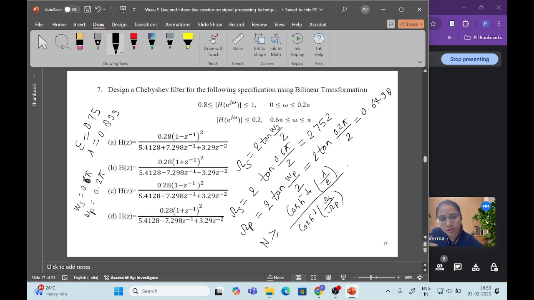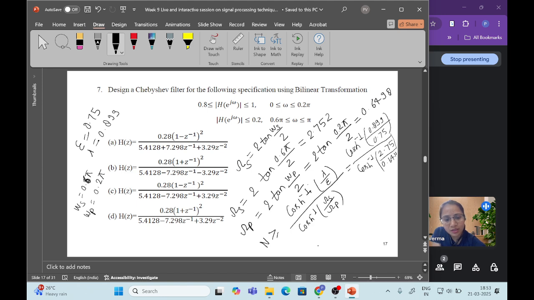Just putting all those values, already we know that lambda is 0.899 and epsilon is 0.75, divided by cosh inverse of omega s, which is 2.75, divided by 0.6498.